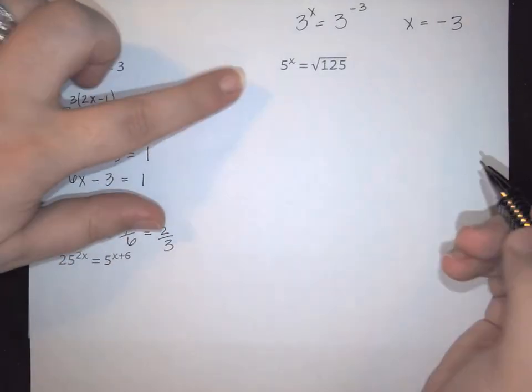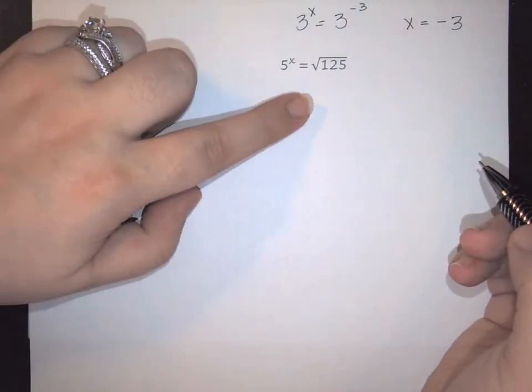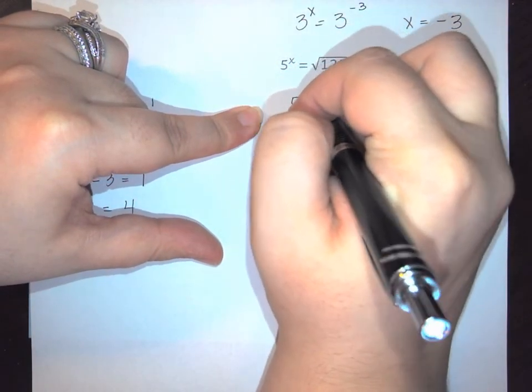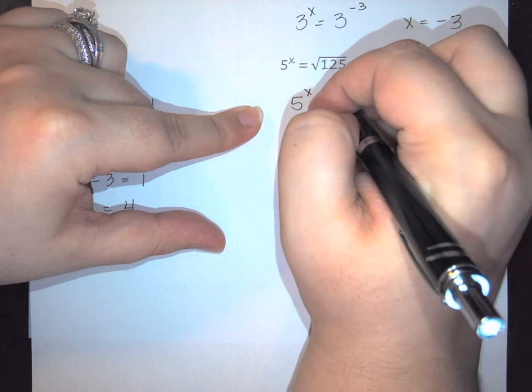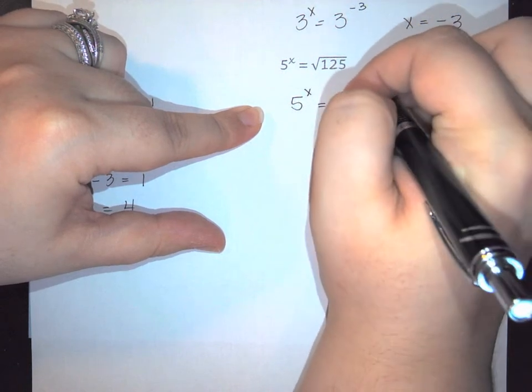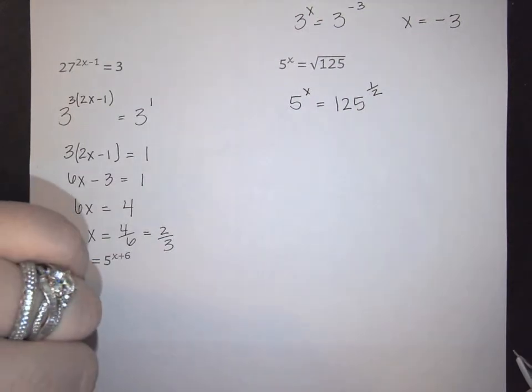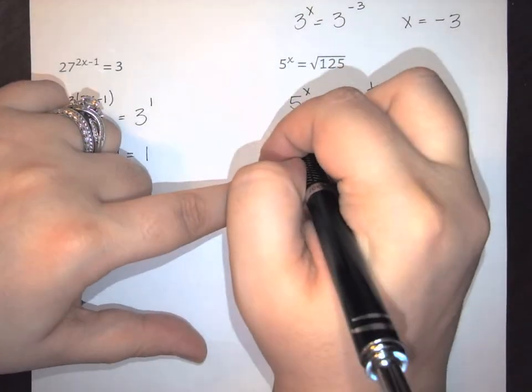Alright, let's look at another one. Here I have 5 to the x and the square root of 125. So this is 5 to the x, and the square root of 125 is the same as saying 125 to the 1/2 power. I want to turn 125 into 5, and so I can.